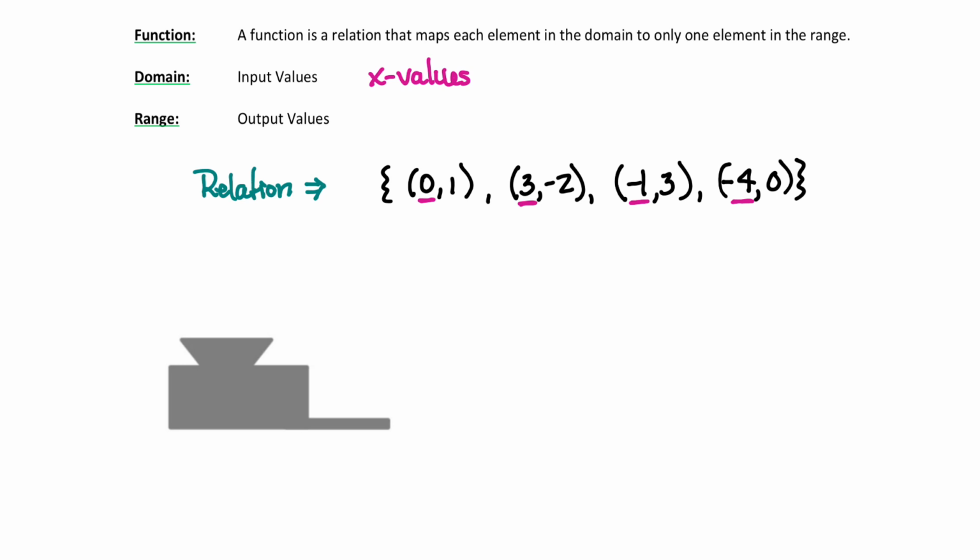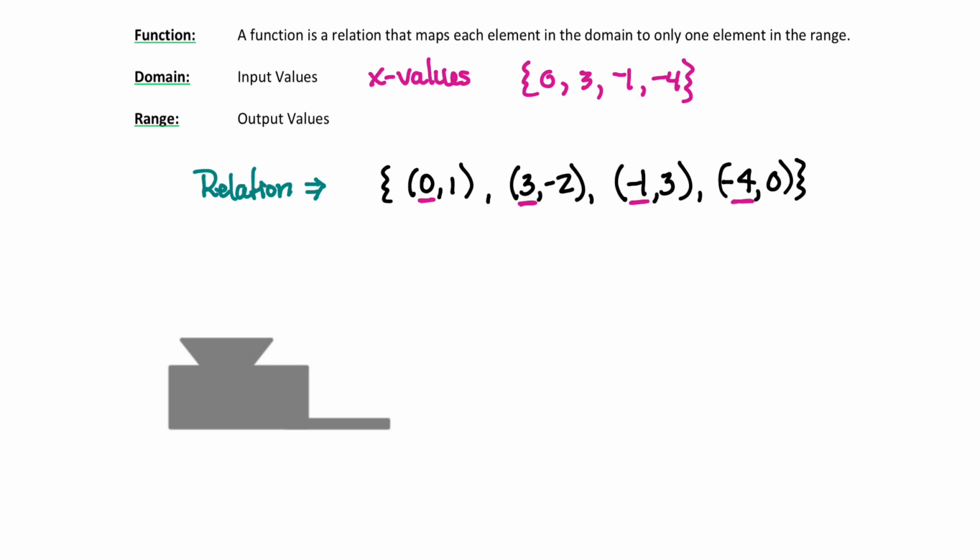If I were to write the domain of this relation, I would write 0, 3, -1, -4. Okay, those are not points because the relation is made up of points. Each point is made up of an x and a y value. The x values are the domain values. So the domain is only the x values of every point.